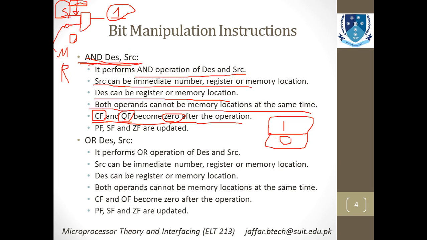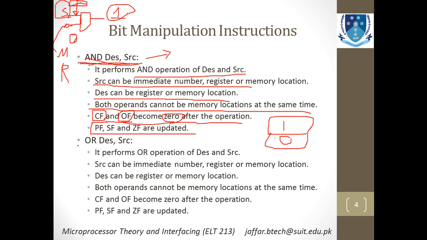So you have to make it 0 after the operation. This becomes automatically 0 after the operation. There are some other flags that are also updated with the procedure running here, such as the parity flag, and in the previous lecture of this series I discussed some flags.